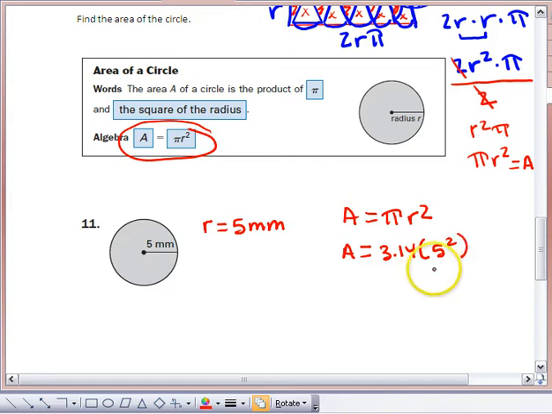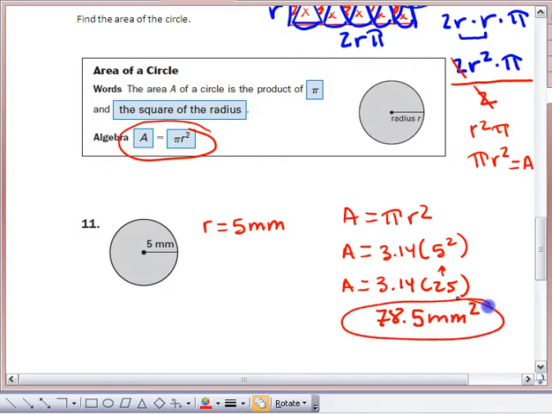Now, order of operations tells us that we have to start by squaring, or doing our powers. So area equals 3.14 times 25. And if I multiply this out, I get 78.5 millimeters squared. And that would be the area of this circle here.